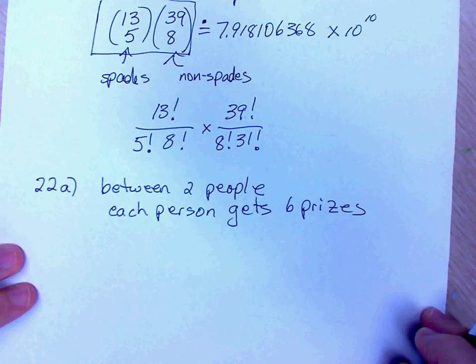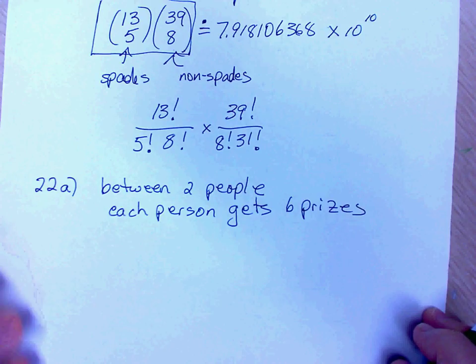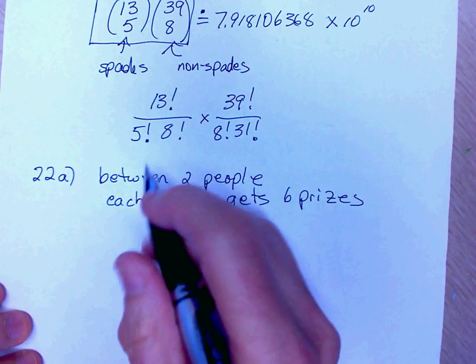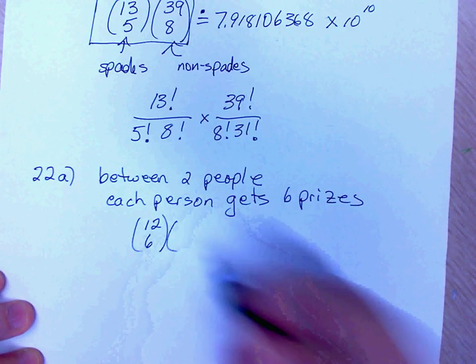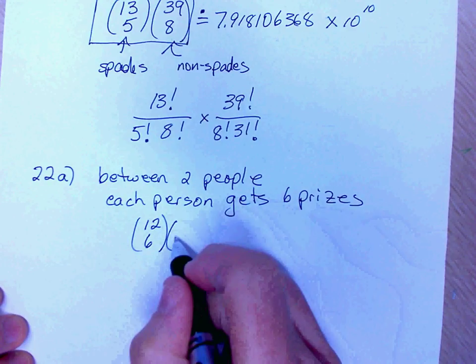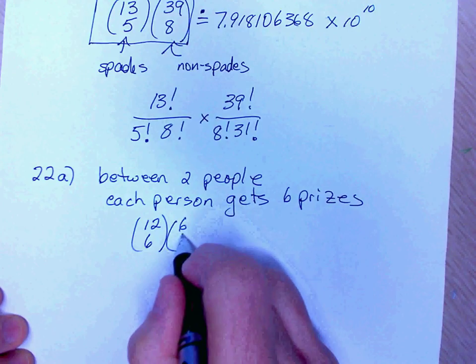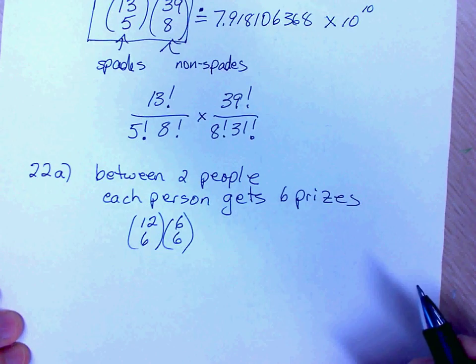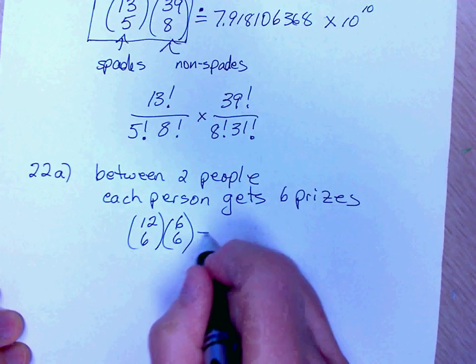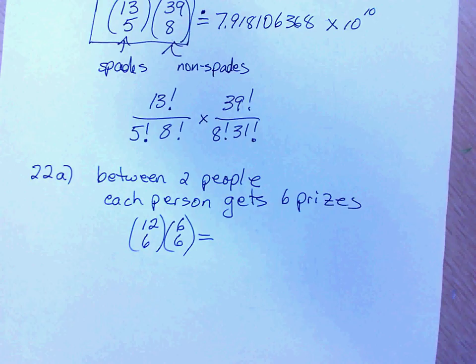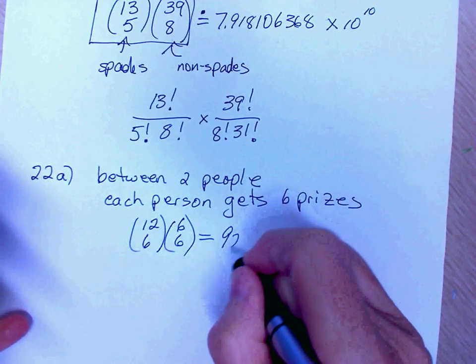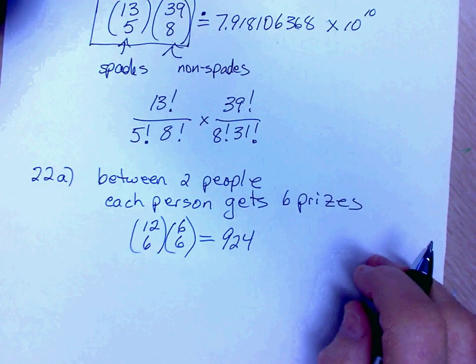So the first person gets 6 of the 12, and the next person gets the remaining 6. So 12 choose 6 times 6 choose 6 is equal to 924.